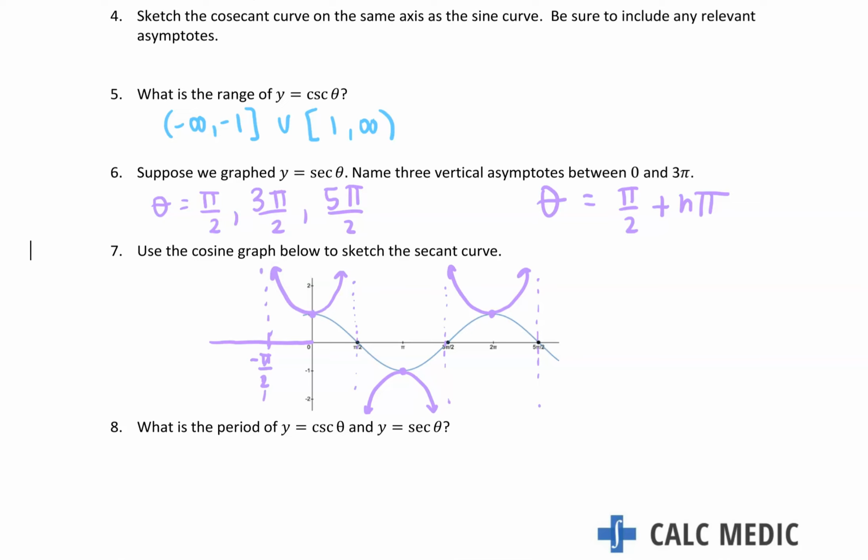So 8, I just gave 8 away. So what is the period of cosecant and secant? 2 pi, yes. So 2 pi. So it's going to be the same as what? Sine and cosine. Well, the range of secant will be the same as cosecant.